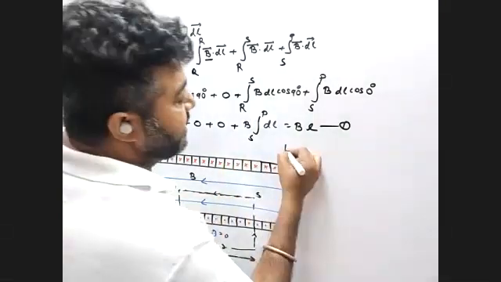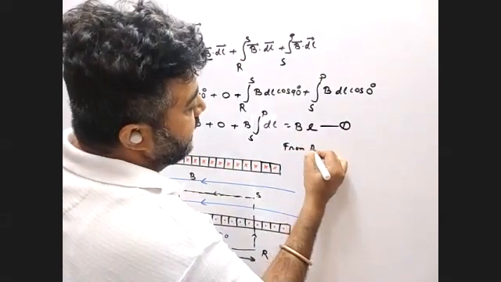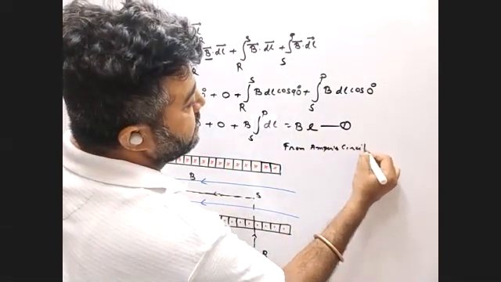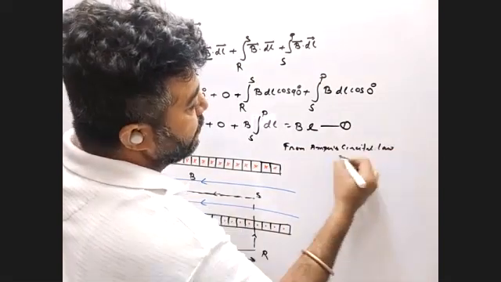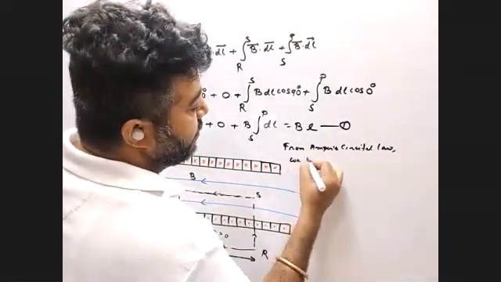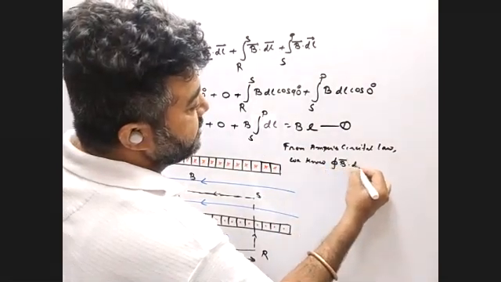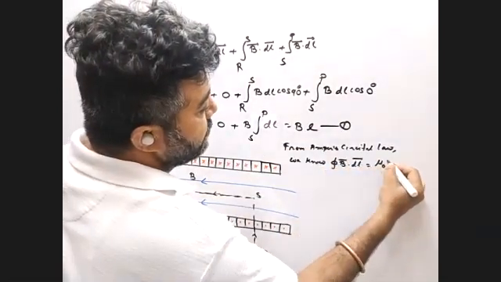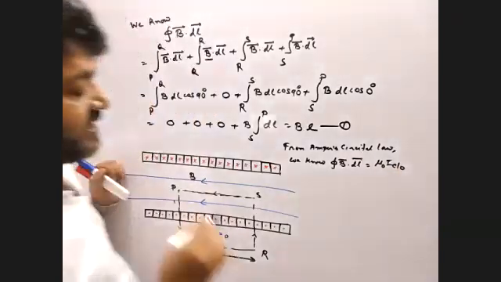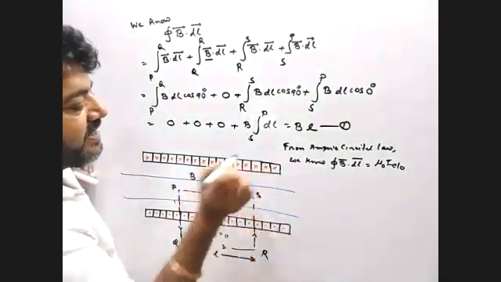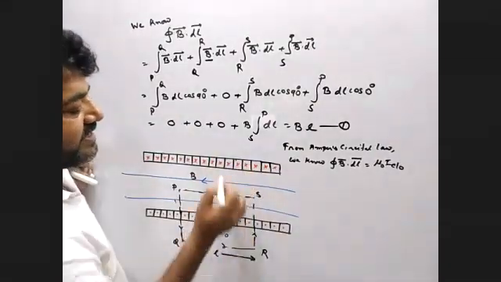Now, from Ampere's circuital law, we know that the closed integral of B dot dl is mu naught I enclosed. Now see, each current I is entering, leaving, entering, leaving.